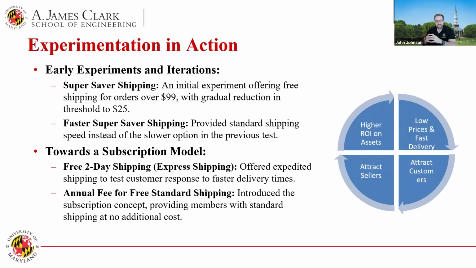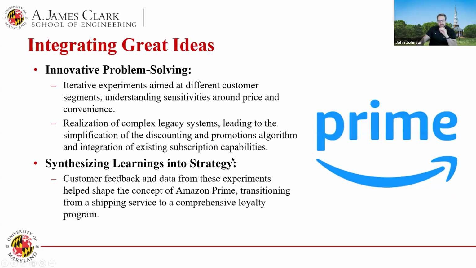And those experiments, again, were rolled out over time, and they looked at how they impacted purchasing and buying behavior and who cared about it, who didn't. What they found was that the customers that bought the most were the ones that demanded the highest level of convenience. And they actually were very price insensitive. And through that insight and through all these experiments, they came up with Amazon Prime.